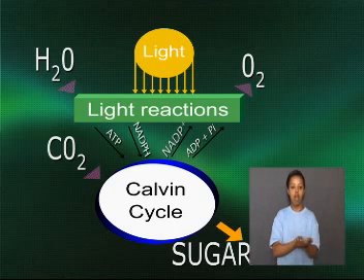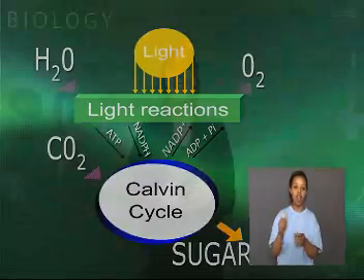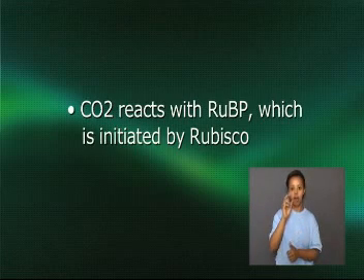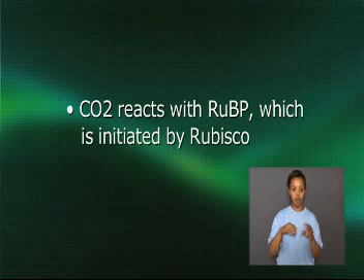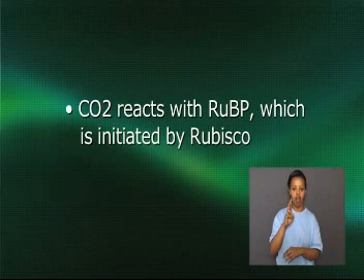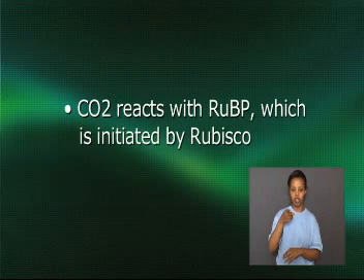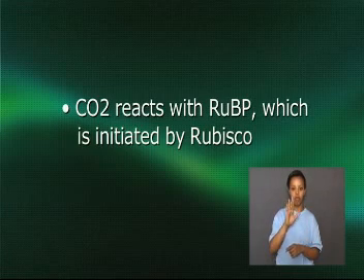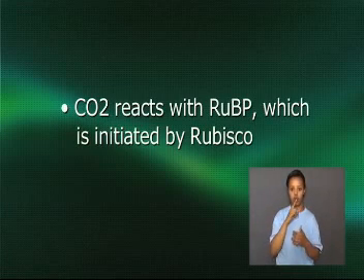and other organic compounds. The main stages of light-independent reactions are as follows. First, carbon dioxide reacts with ribulose biphosphate, or RUBP, which is a 5-carbon compound in the stroma.